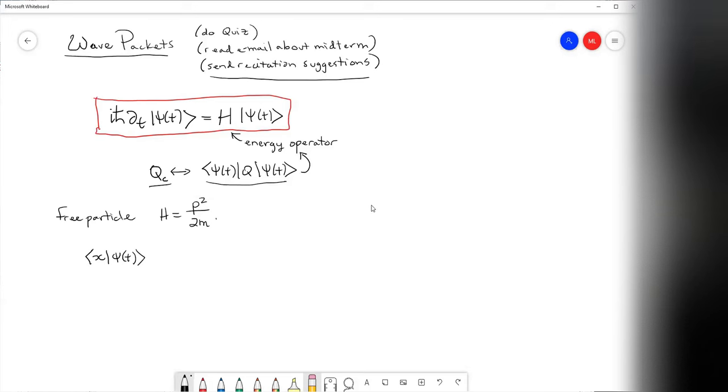Well, we know we can stick in a completeness relation in the p variable. Why? Because this has a p operator in it. This is like big capital P. This is a momentum operator.